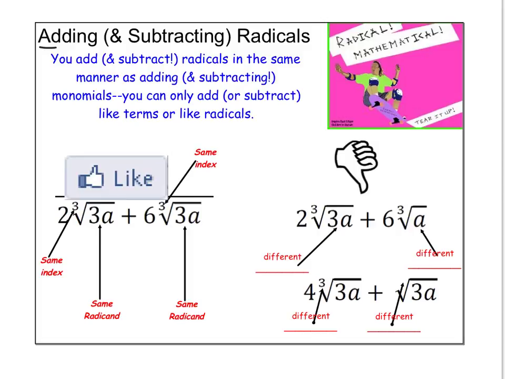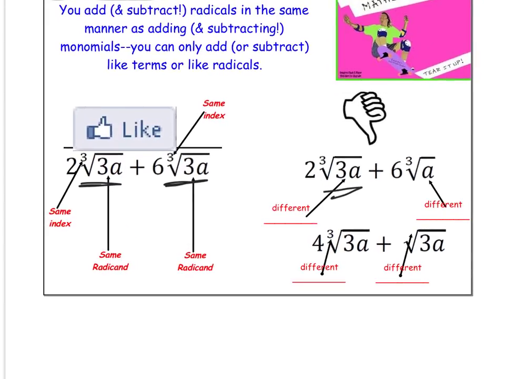Number one: when you're adding and subtracting radicals, you need to have exactly the same thing when you're adding. That means the same thing underneath, raised to the same power. So this I could put together, that's going to be 8 third root of 3a.